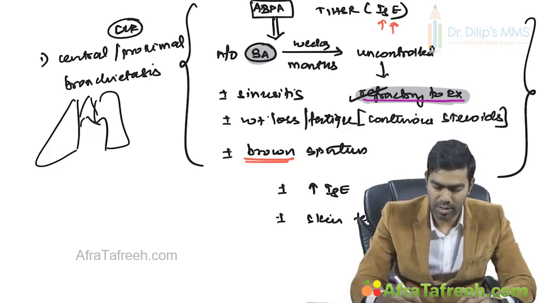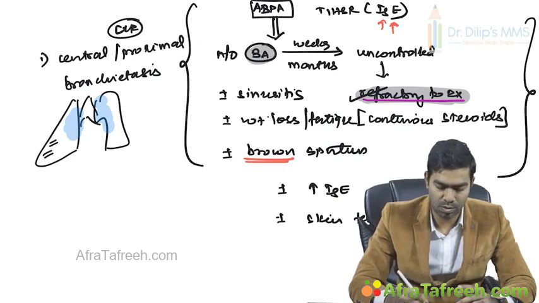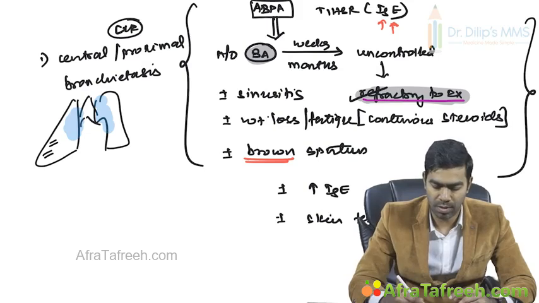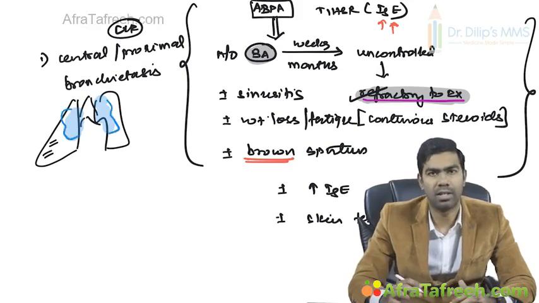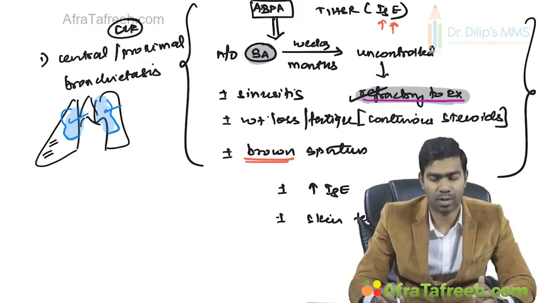Your bronchiectasis is going to be concentrated near the major bronchus. Clear? Near the first or second airway generation. Usually bronchiectasis is a typical feature of third or fourth airway divisions, but here it will be localized near second and third divisions. That's where you're going to get the bronchiectasis here. So it's a central bronchiectasis.